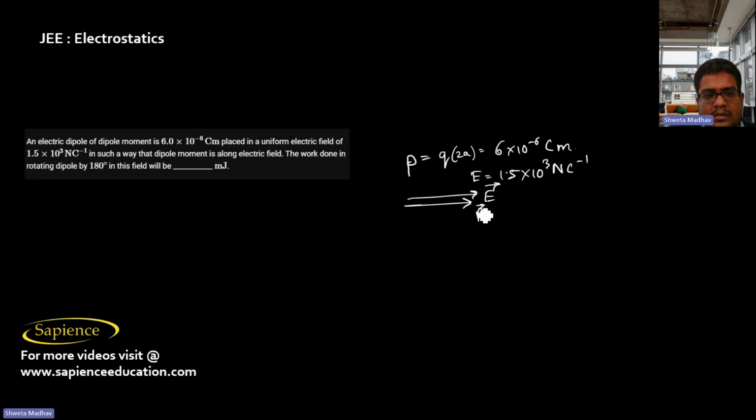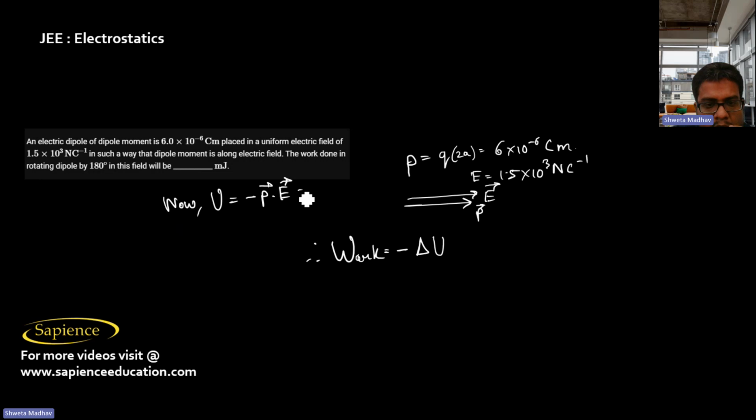Then the work done in splitting this dipole by 180 degree in this field is equal to the negative of the change in potential energy. Potential energy we know is minus P dot E, which is equal to minus PE cos theta.